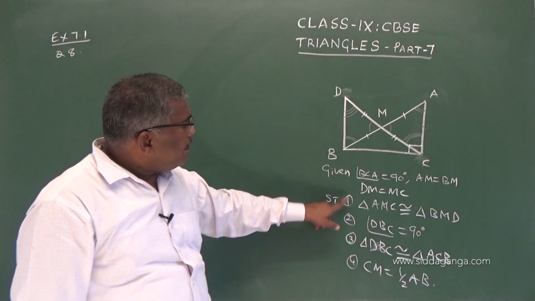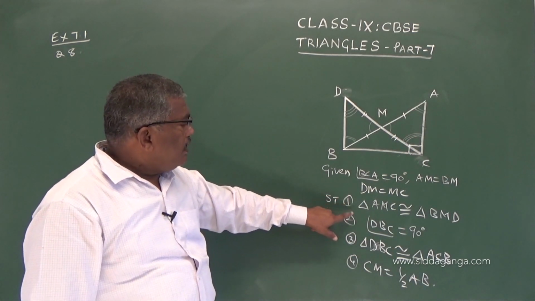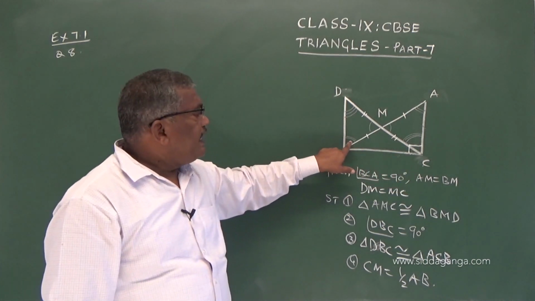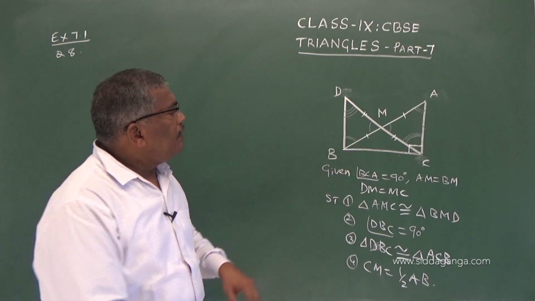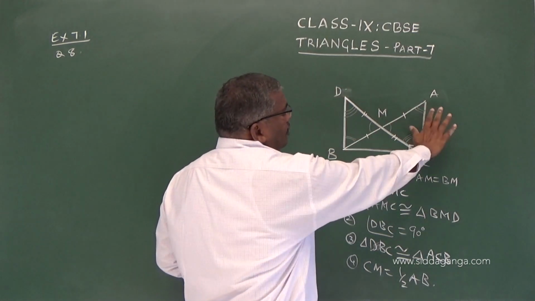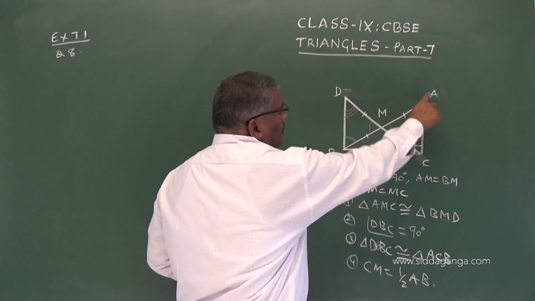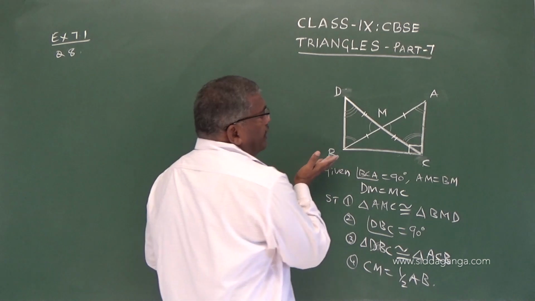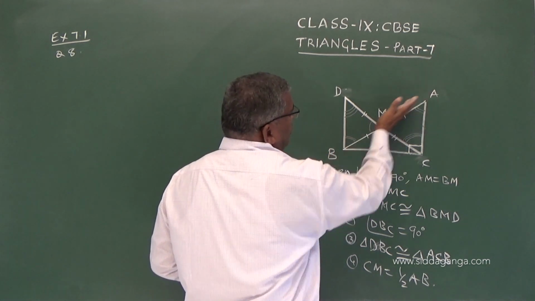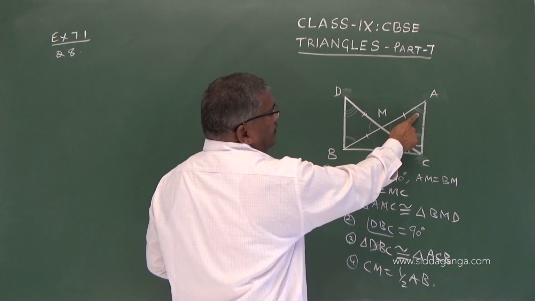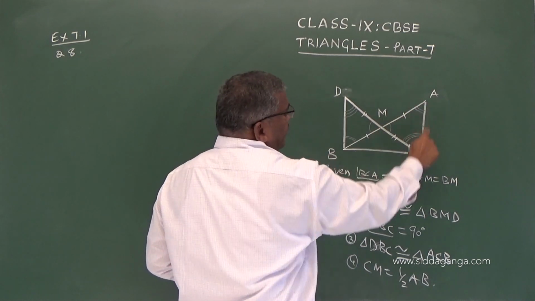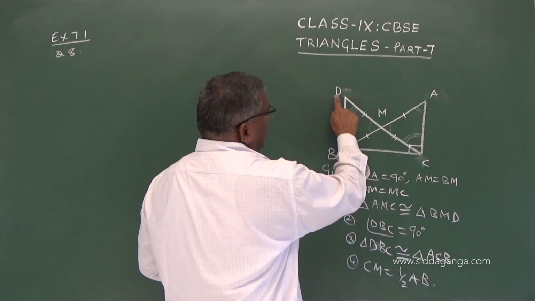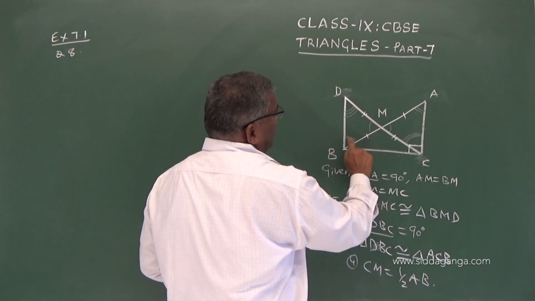In the second one also, the first one we have proved, and angle DBC is equal to 90 degrees, that we have proved. How have we taken it? First we have proved that these two triangles are congruent, and AC is parallel to BD, because if you take this as the transversal, angle MAC will be equal to angle DBM.